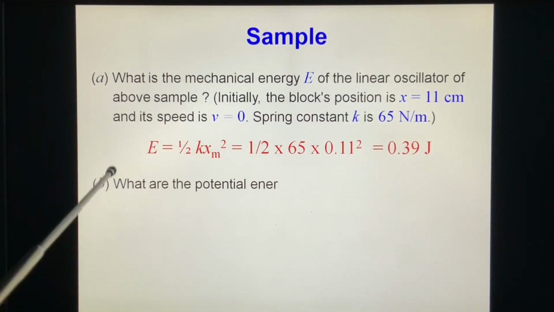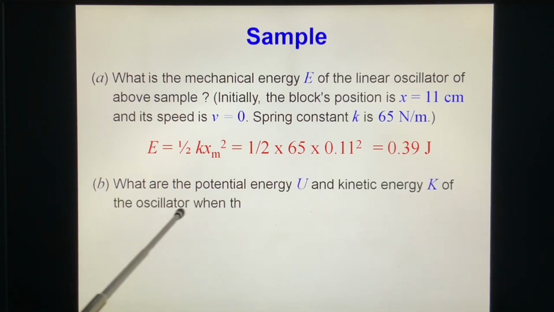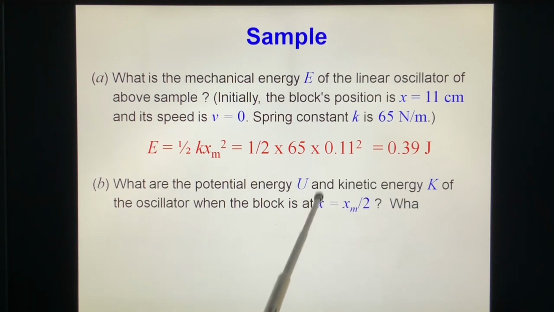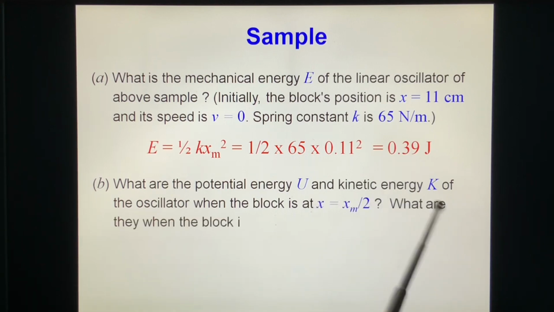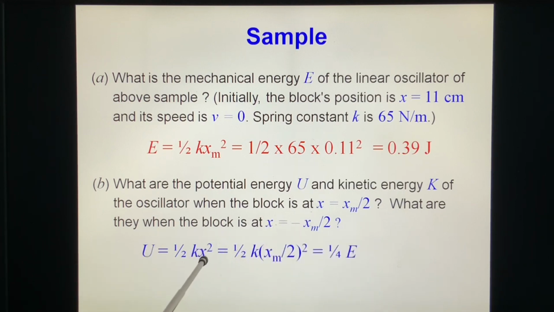Part B. What are the potential energy U and the kinetic energy K of the oscillator when the block is at half x_m? What are they when the block is at minus half x_m? That's very easy. The U equals half k x squared, with x equal to half x_m, and this turns out to be one fourth of the total energy.